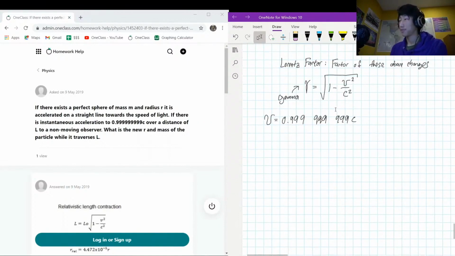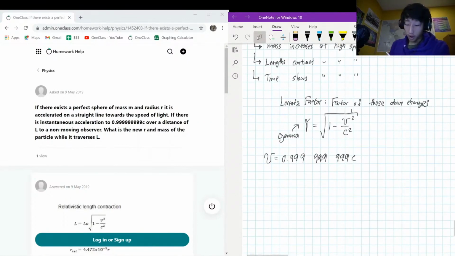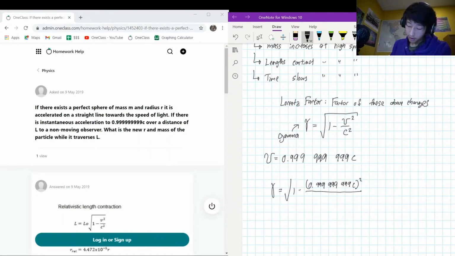So for our gamma in this situation, we will have the square root of 1 minus 0.999999999 c all squared, that's our v value, divided by c squared. So the c's cancel out, so effectively we just have 1 minus 0.999999999 squared.